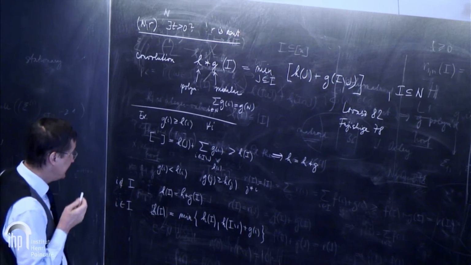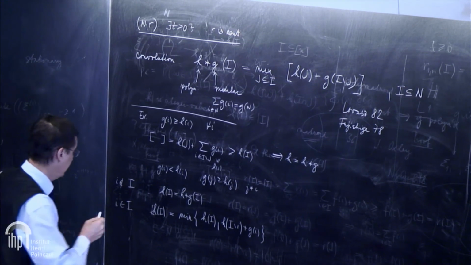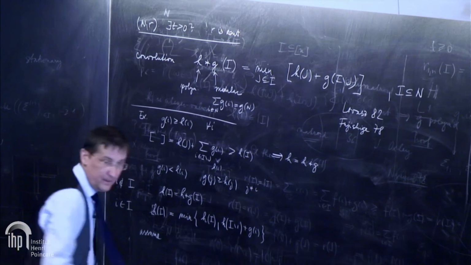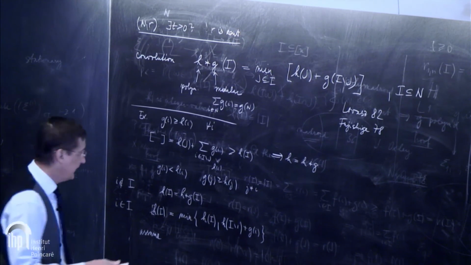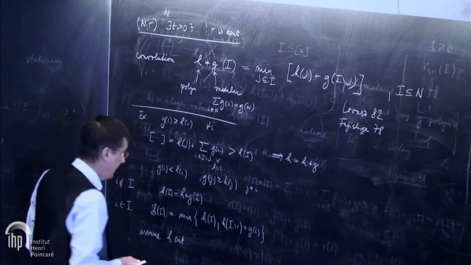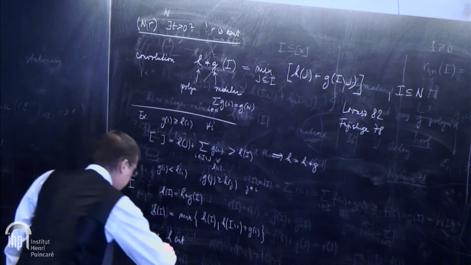And what does it say in the language of entropy functions? So assume I have a few minutes. It's okay. Assume H is entropic, and i is the special index.